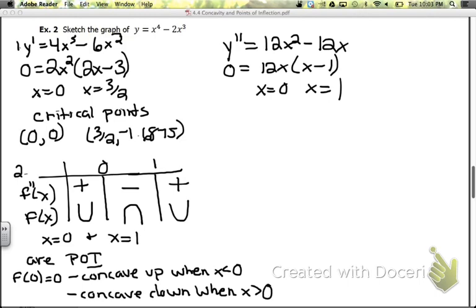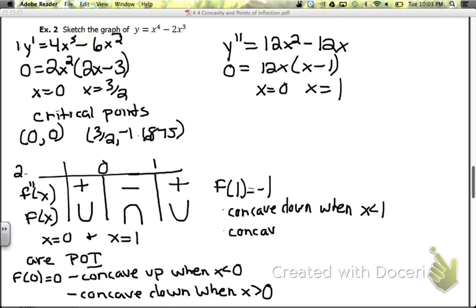And looking at f of 1, which is equal to negative 1, our function is going to be concave down when x is less than 1, and concave up when x is greater than 1.